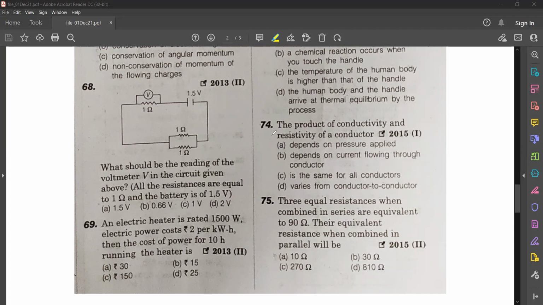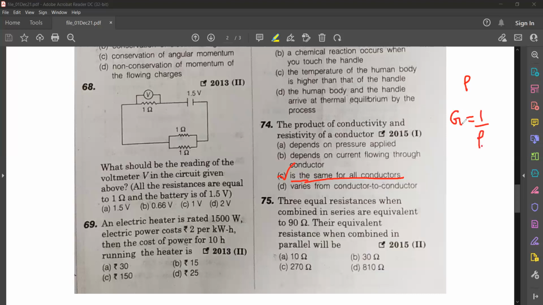So what is the answer? The answer is option C, same for all conductors. The product of conductivity and resistivity of a conductor is the same for all conductors. Resistivity is rho, and conductivity is G, which is 1 by rho.